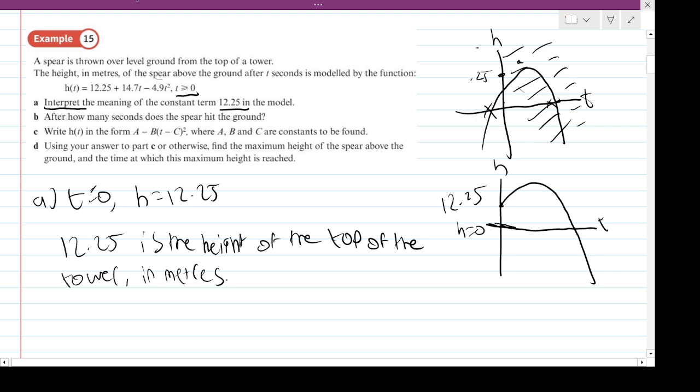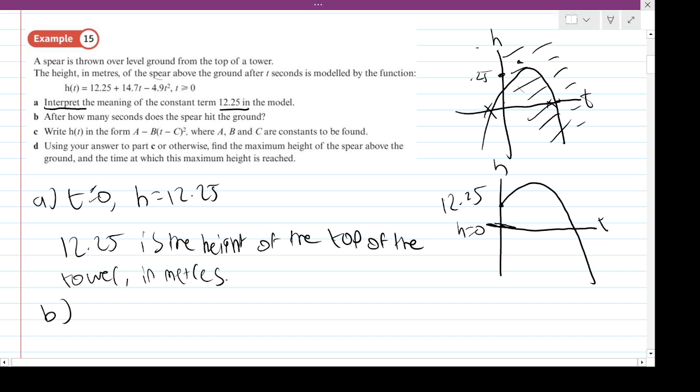Usually it's the starting value. So here it was when t is 0, so the start of the model, the start of when something happens. Usually that's what you want to consider. In this case, it was true because t is 0 gives a height of 12.25. So that's the starting height. Well, that'd be the height from the top of the tower. Anyway, so that's part A.